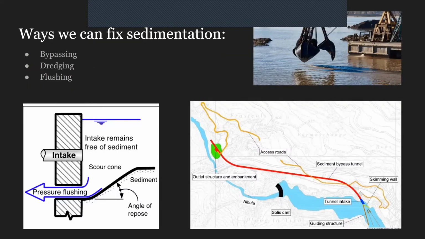So what can we do to help this problem? There are many solutions to try and aid the sedimentation of rivers, such as dredging, where they take a crane and physically try and remove the sediments.